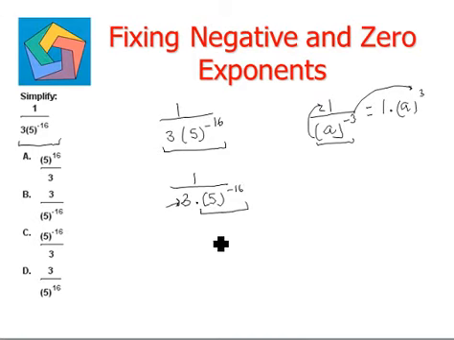So we have 1 divided by 3 as it is, and 5 to the power of negative 16 would be moved up and written as 5 to the power of positive 16. So we have 1 times 5 to the power of positive 16 divided by 3, which is nothing but 5 to the power of 16 divided by 3. This is the final answer and can be seen in option A.